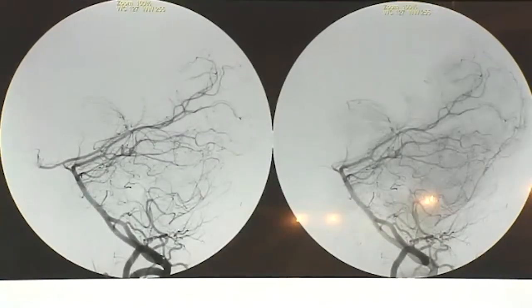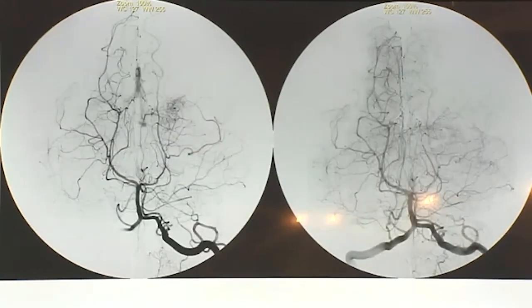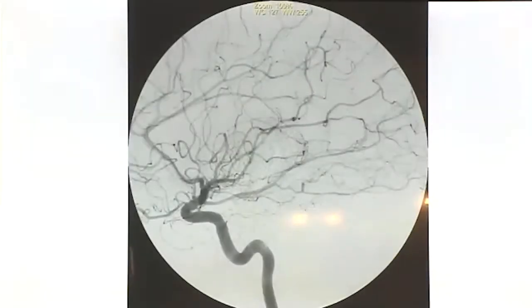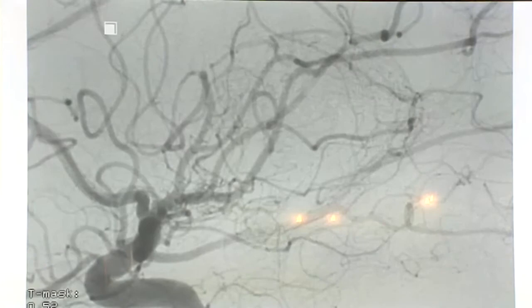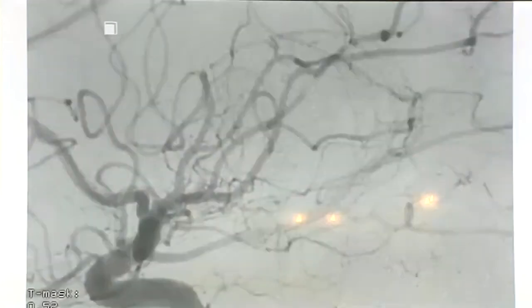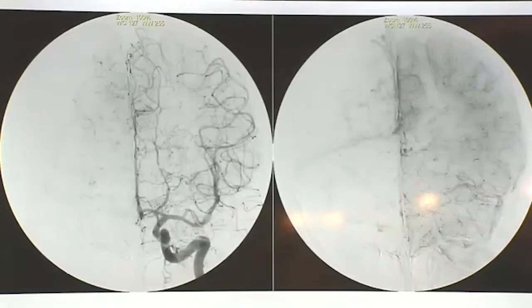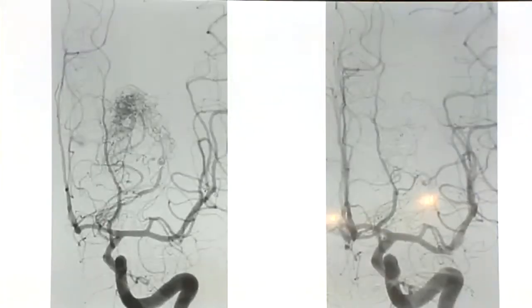After 1 procedure, the malformation is down. This is before and after operation, and carotid system. What happened with microcirculation? I didn't close all the nidus. Look. Anterior projection and pre- and postoperative result.